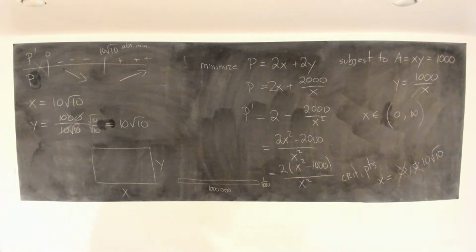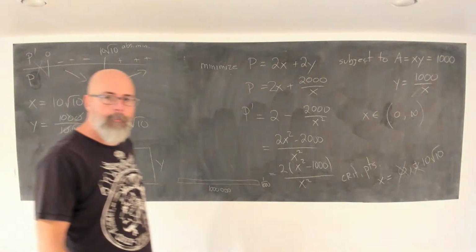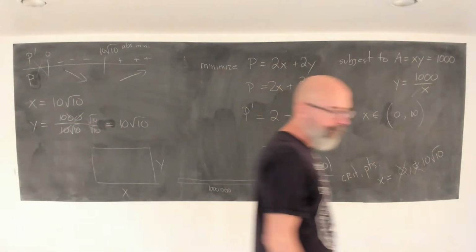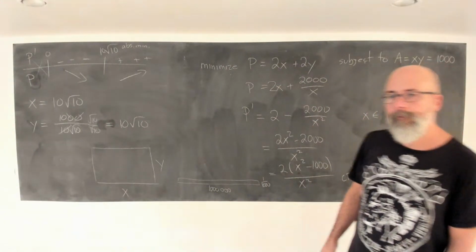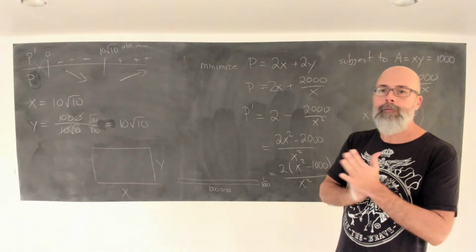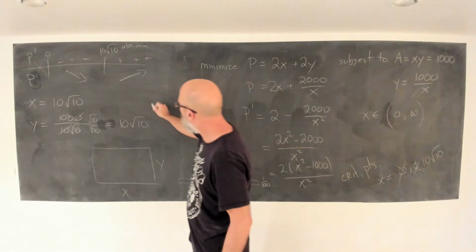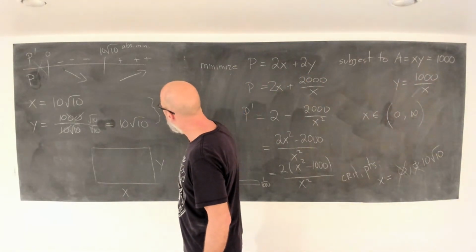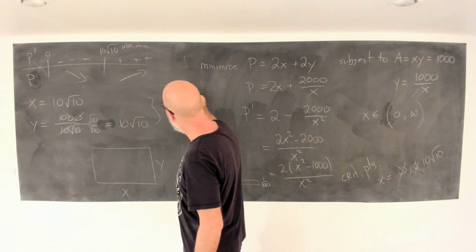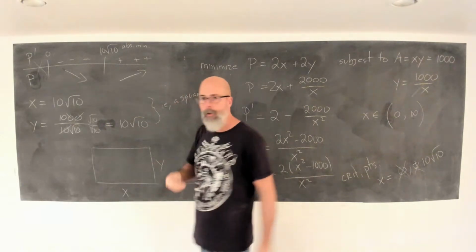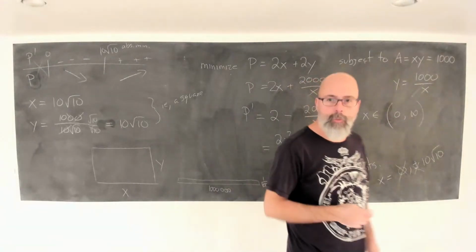So in fact, what you have is a square. The square minimizes the perimeter.